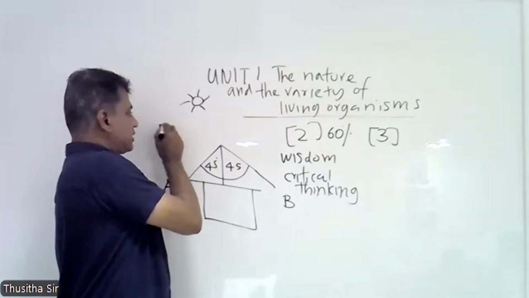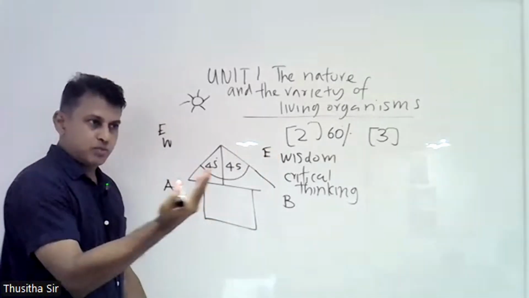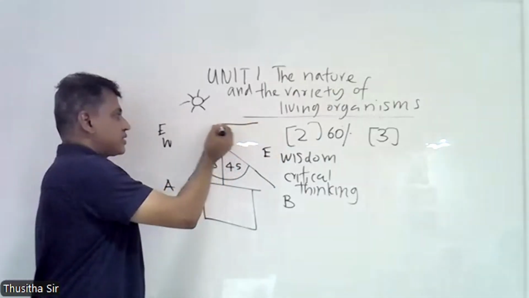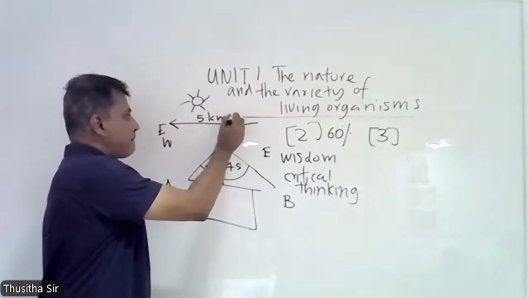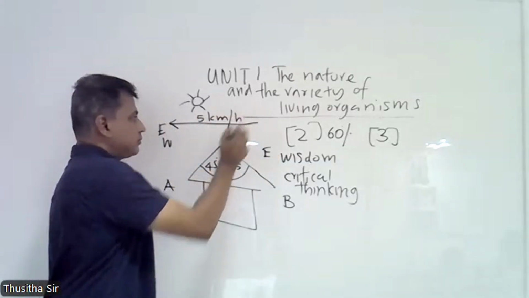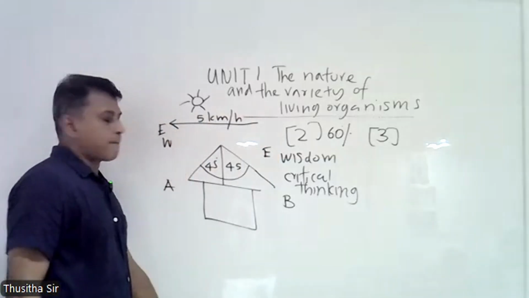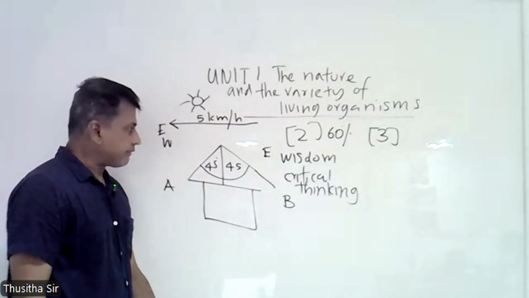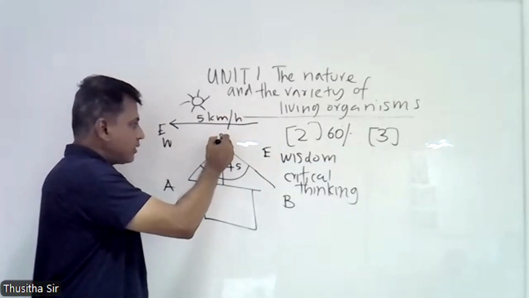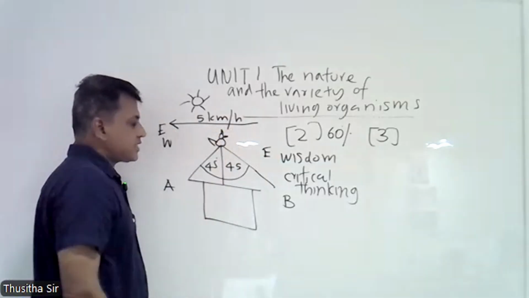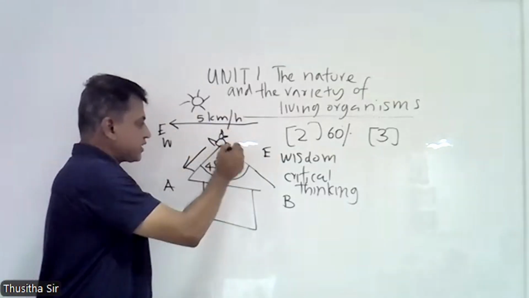So this side is east, this side is west. So wind is blowing from east to west with a 5 kilometer per hour. The wind speed is 5 kilometer per hour, right? Now exactly at this level of the roof, a rooster lays an egg. So which direction is the egg going? A direction or B direction?